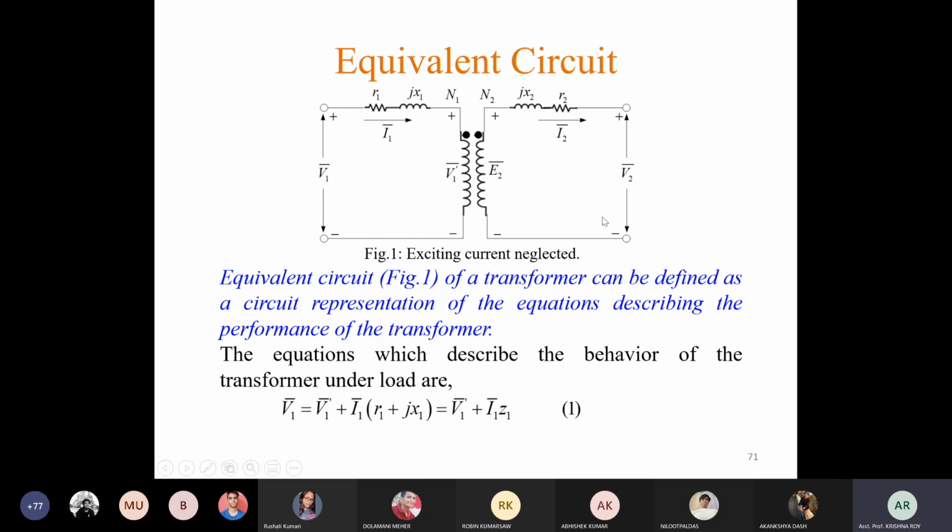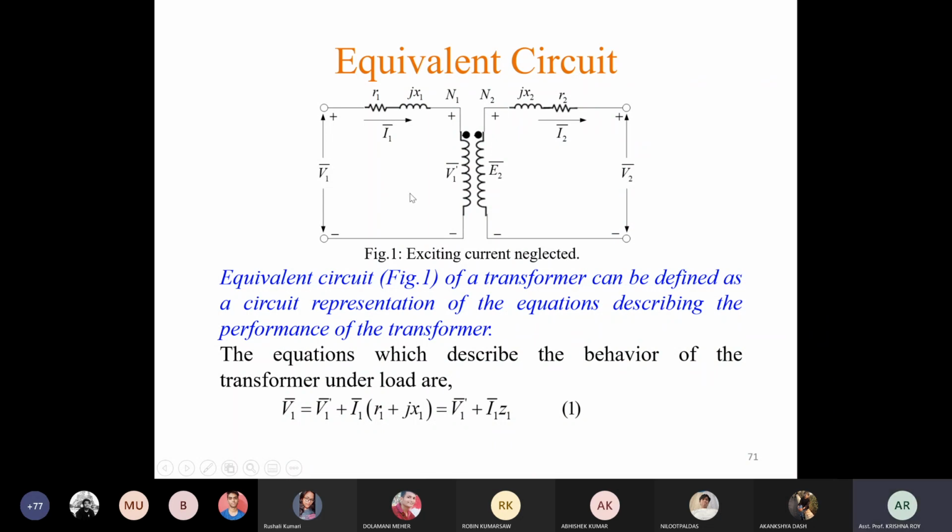If we want to draw the circuit model for this equation, then we have to use the left hand part of this figure. V1 is the applied voltage, so this is a voltage rise, then one voltage drop which is I1 into this impedance, then another voltage drop in opposite direction, which is E1. So V1 dash is equal to minus of E1.